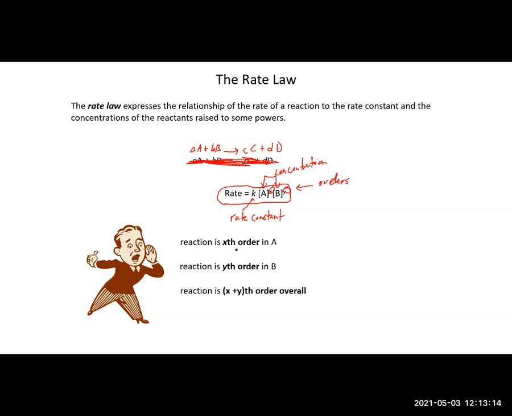X is the order with respect to reactant A, and Y is the order with respect to reactant B. If we want the overall order of the reaction, we add them together. So x plus y gives us the overall order of the reaction. If there were three reactants, which occasionally happens, x, y, and z, for example, you add them together.